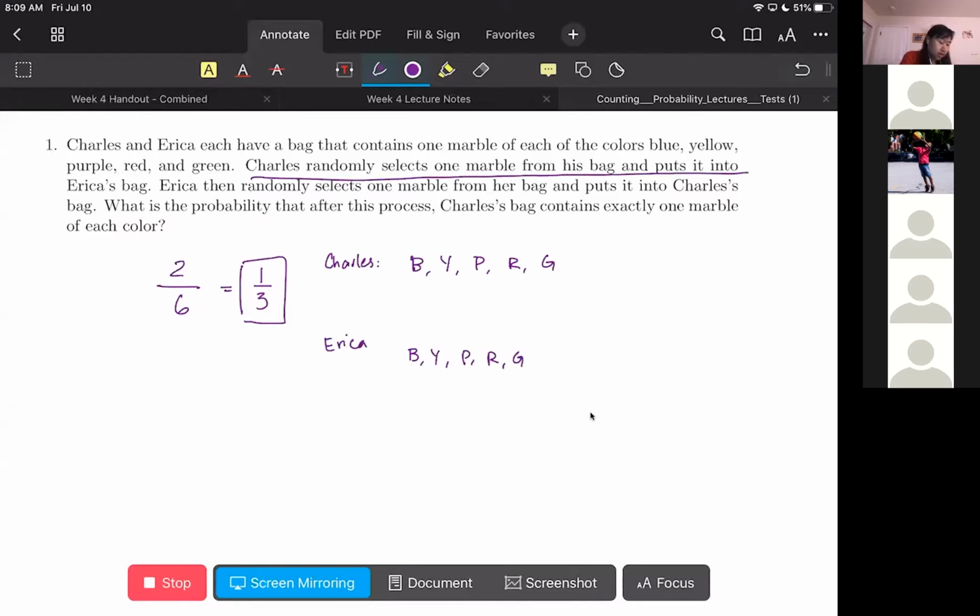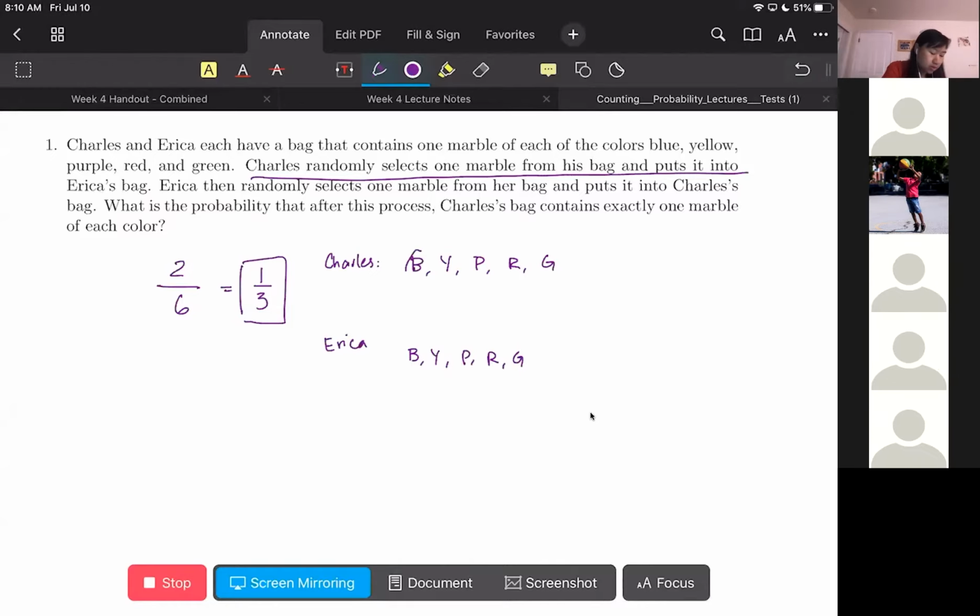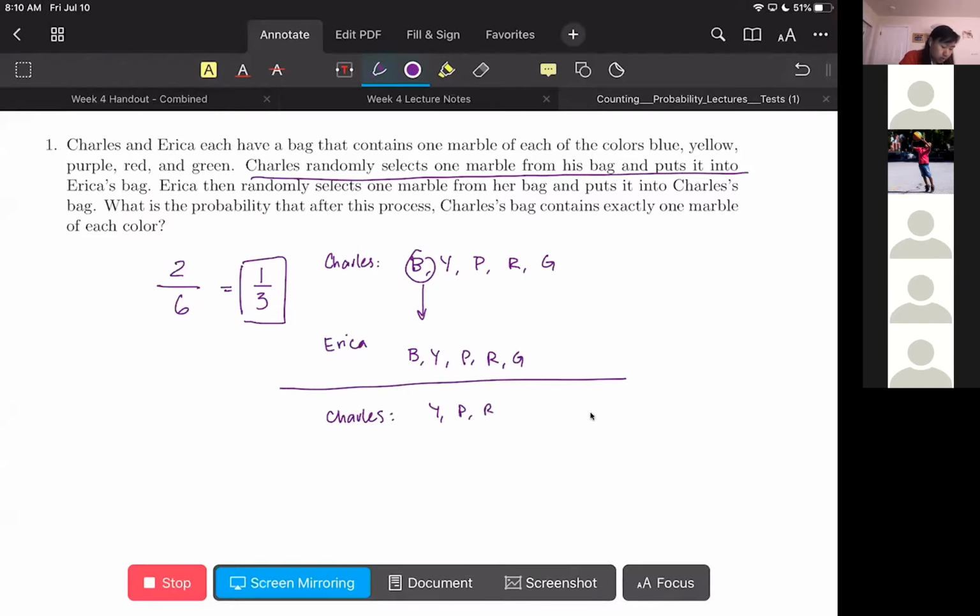So let's say Charles takes blue and puts it into Erica's bag. Then after that step, Charles will have yellow, purple, red, green, and Erica will have blue, blue, yellow, purple, red, green, right?